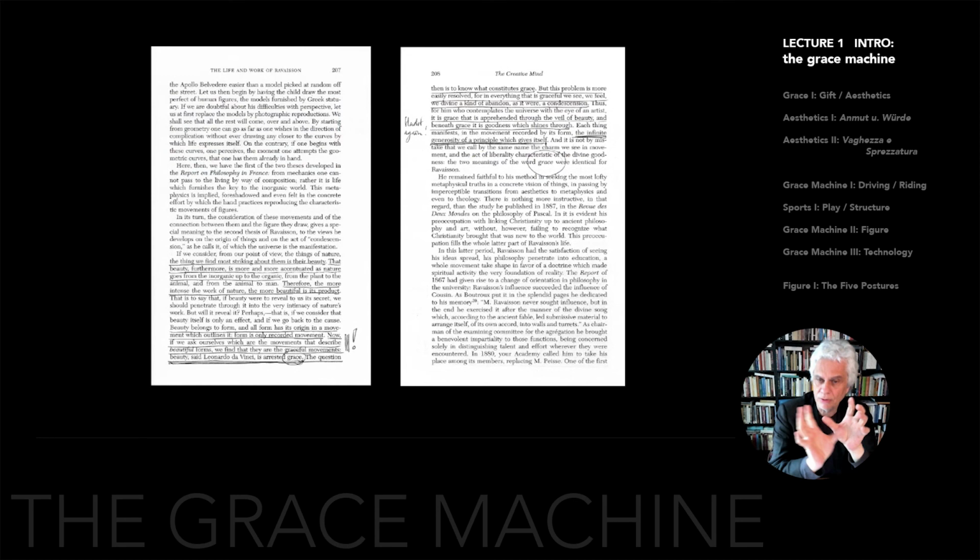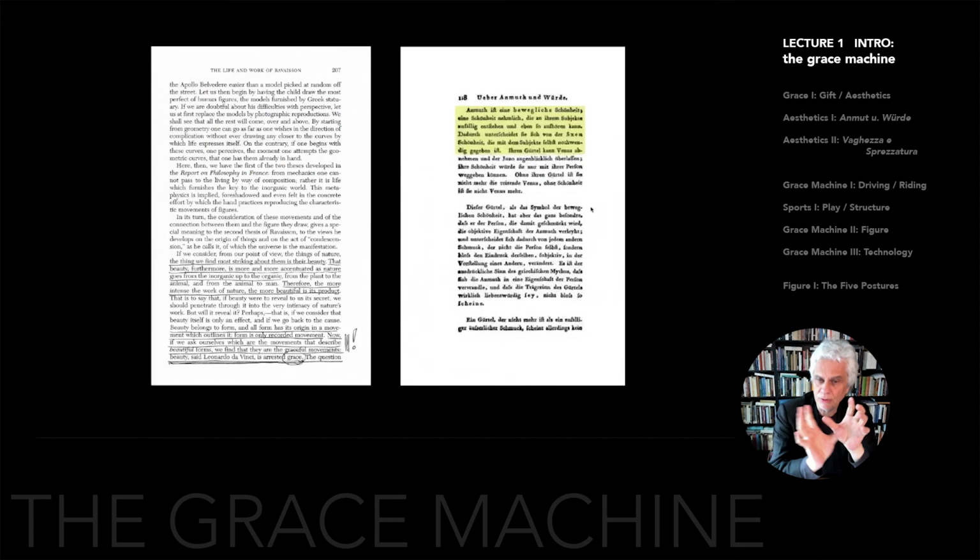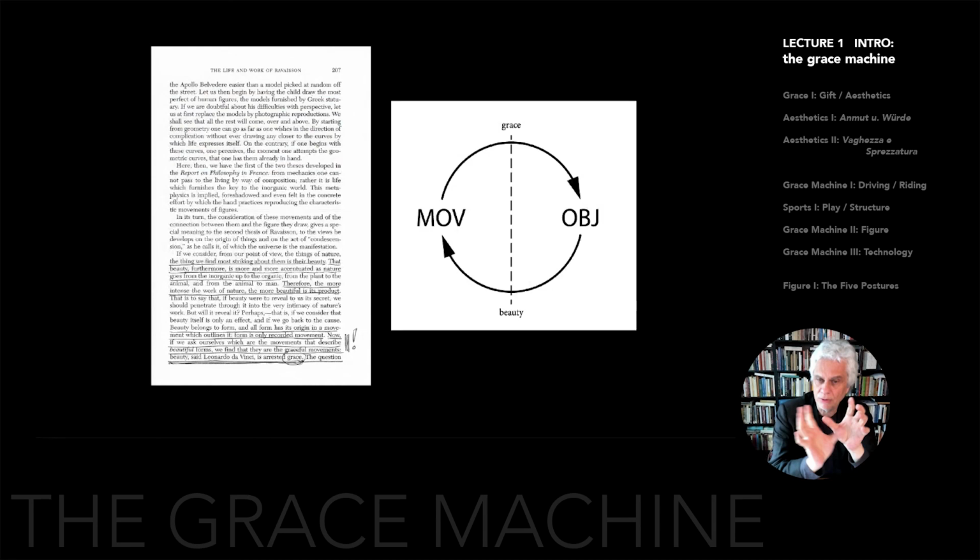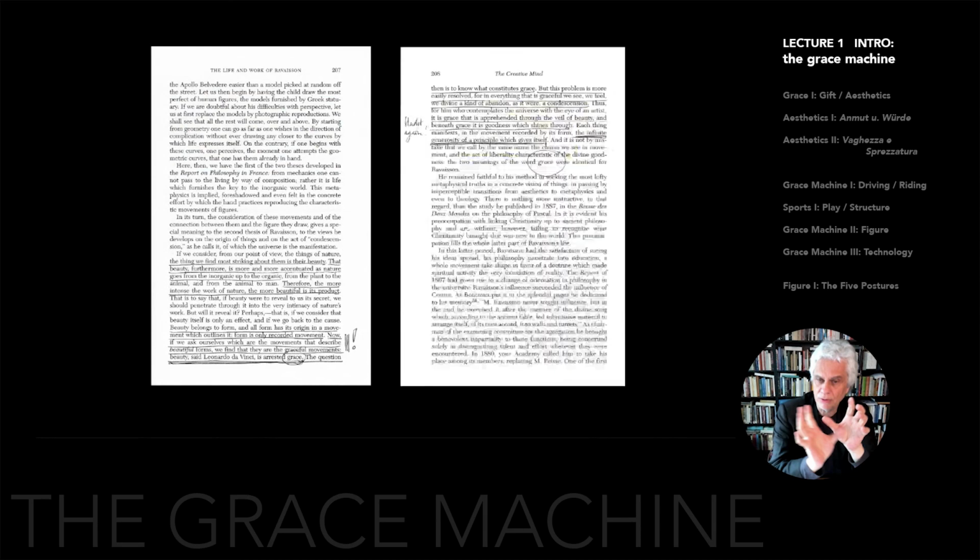So we write at the top of that diagram the infinite generosity of a principle which gives itself. So what he's doing here is relating this idea of shining directly to the idea of generosity, right? He's saying, look, Ravaisson solved this incredibly important problem of having these two types of grace. One is of liberality, the act of liberality characteristic of the divine goodness.